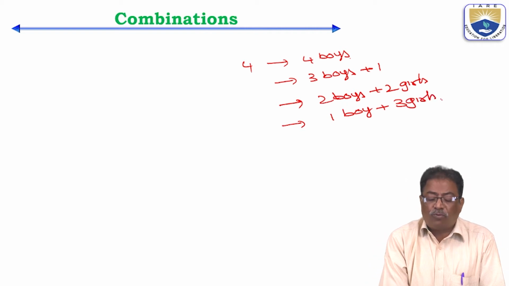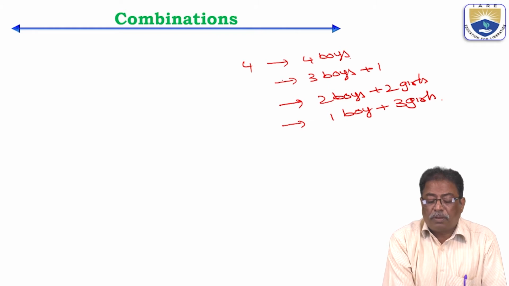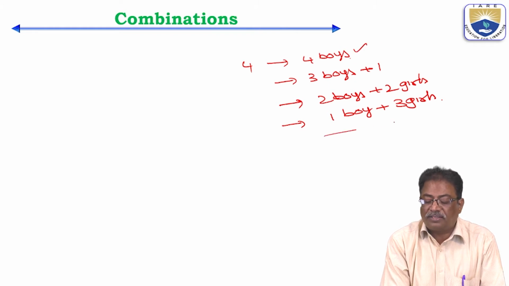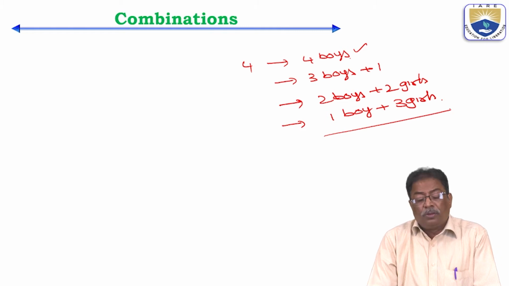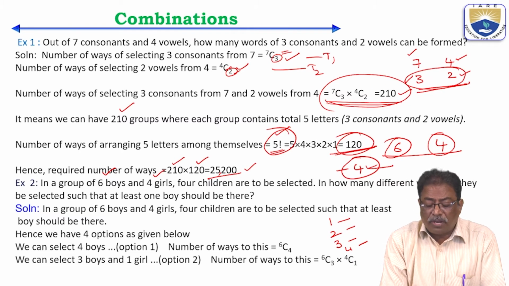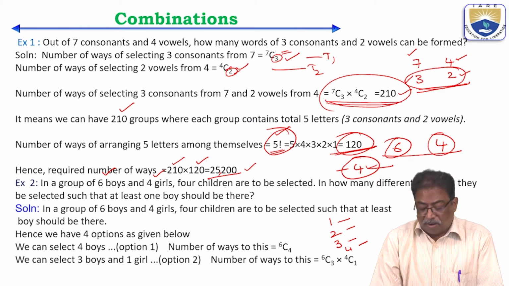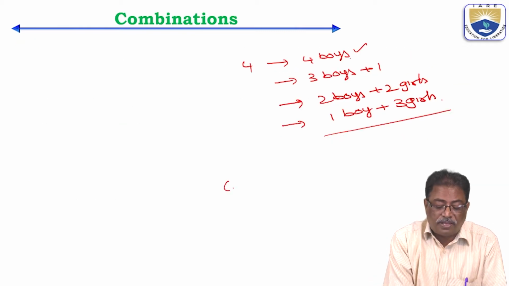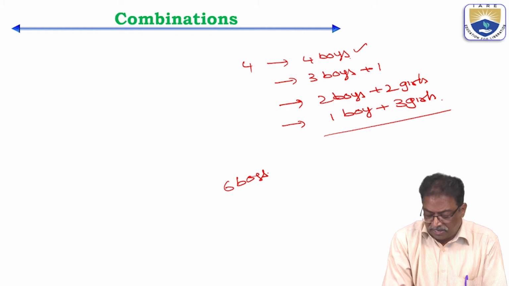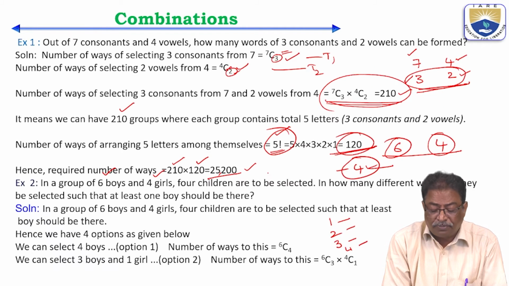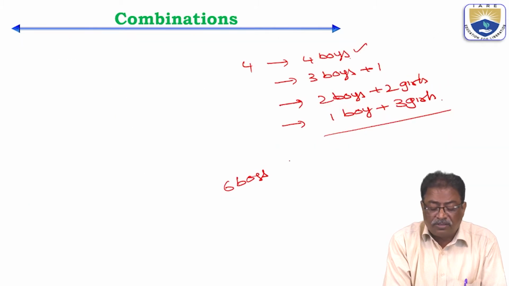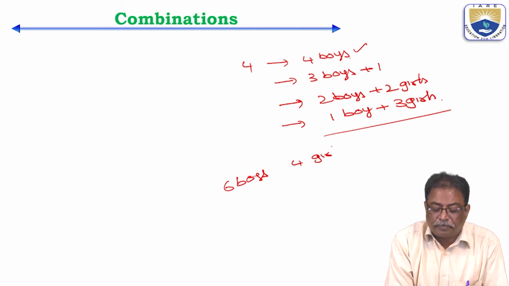So these are the 4 cases of members I am going to select. Now, how many boys will be there? There are 6 boys and 4 girls.